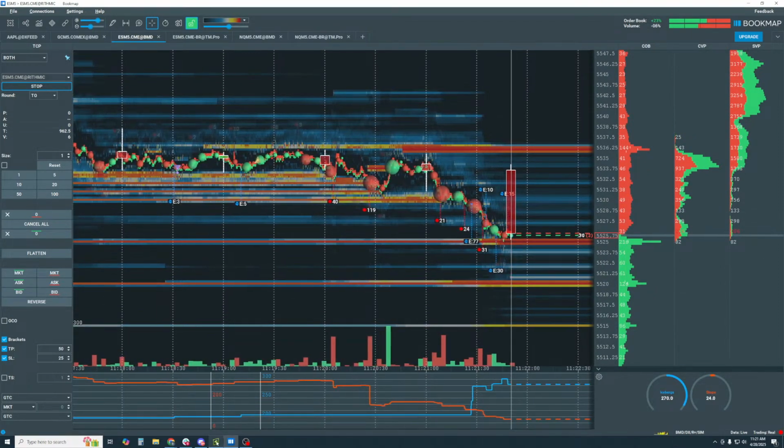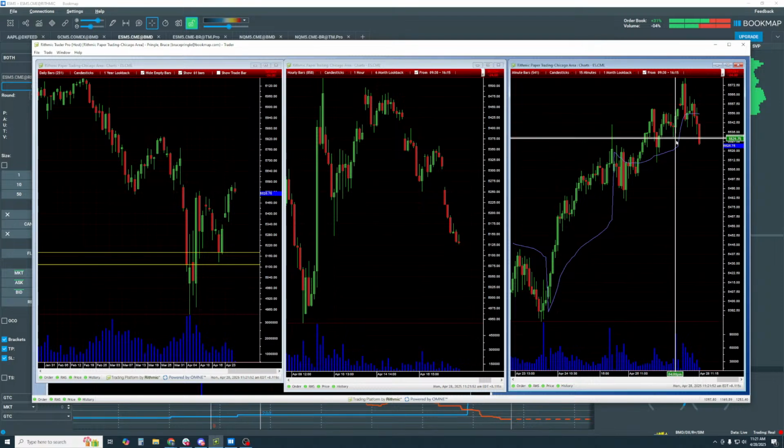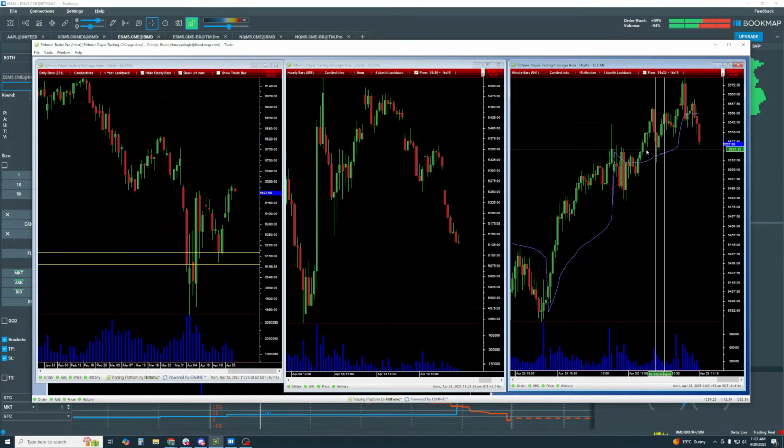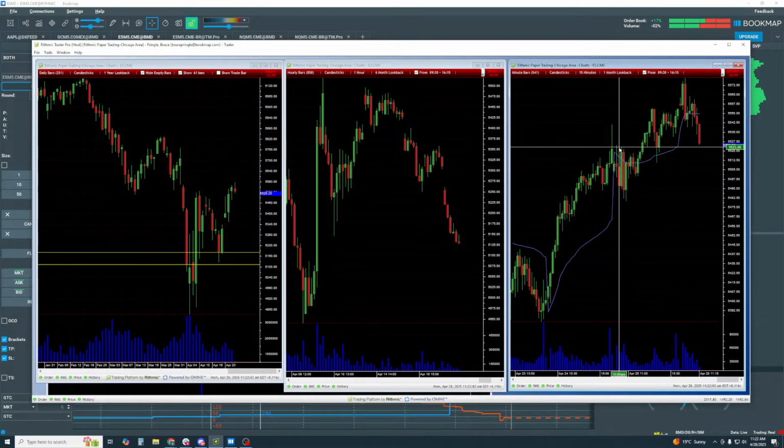Let's take a look at our higher time frame again. Okay, where are we? Nice down move here. Next level, we might be at an interesting level here around this 23. For you profile guys, this is probably going to be a low volume node in here, just because of all the transactions here.